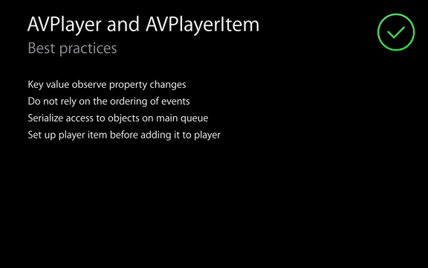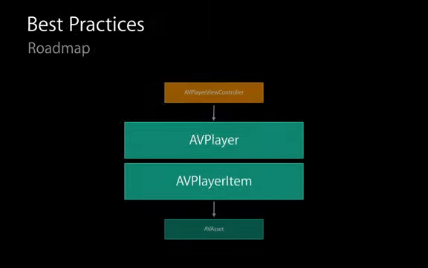If you really need a particular value, you can always use NSKeyValue observing option initial or add yourself as observers before you create a player. Please serialize your access to player and player item on the main queue to avoid any possible race conditions. And lastly, wherever possible, set up your player item with all configurations before creating a player. Those were the best practices for AV player and player item.